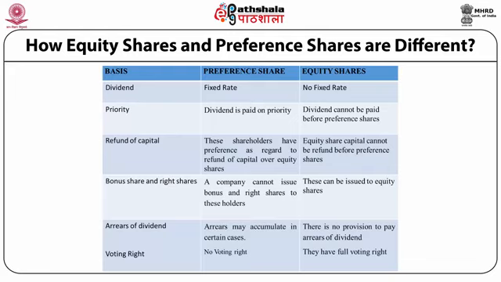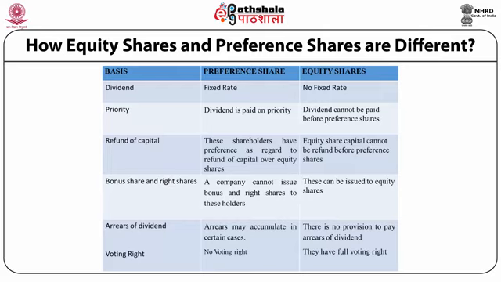Bonus share and right share. A company cannot issue bonus and right shares to preference shareholders, whereas bonus and right shares can be issued to the equity shareholders. Arrears of dividend.